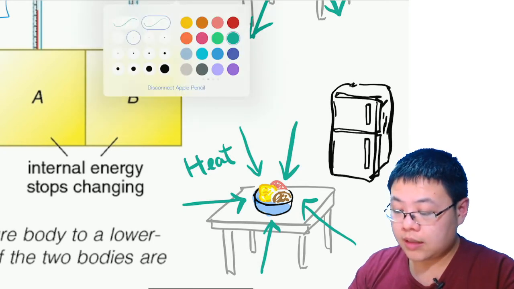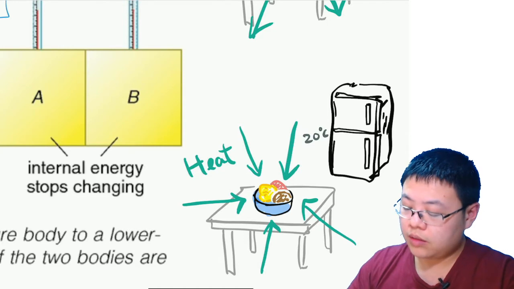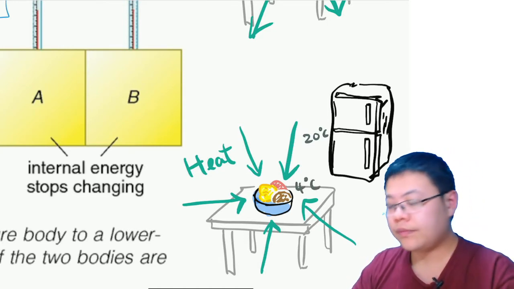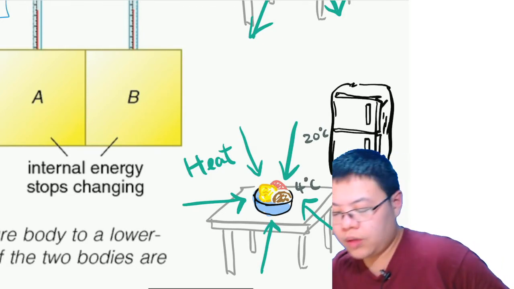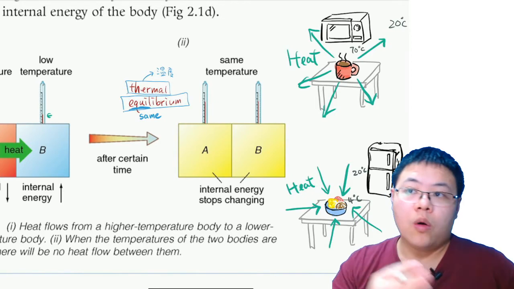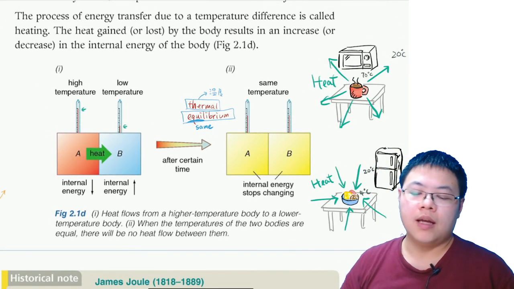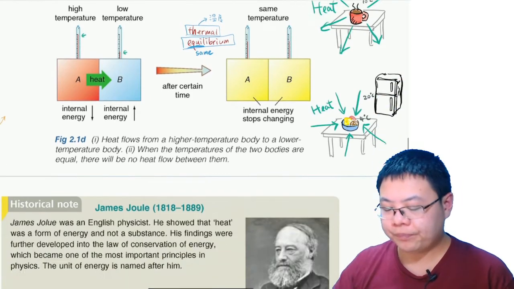And as an example, maybe the environment is still 20 degrees Celsius, but maybe the ice cream is 4 degrees Celsius, okay, or lower, whatever. So the direction of heat flow is always from hot to cold and never the other way around.